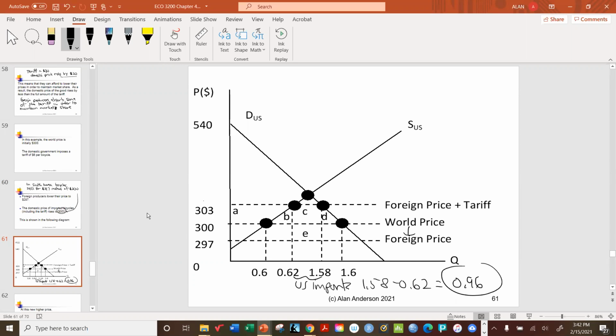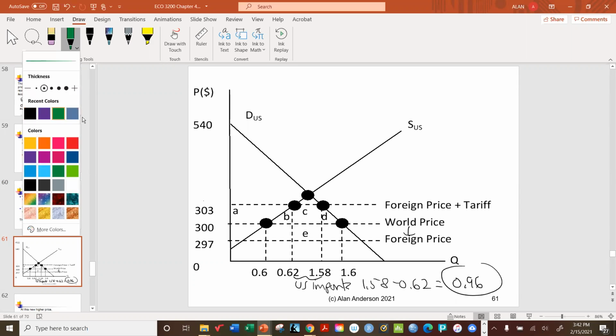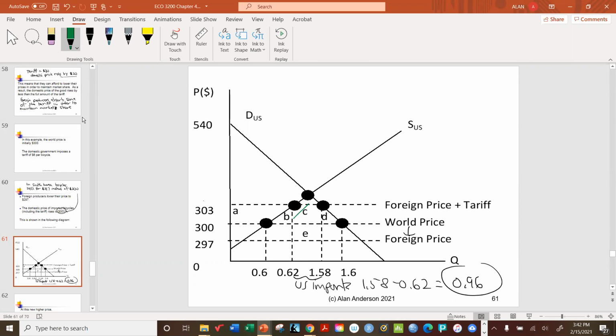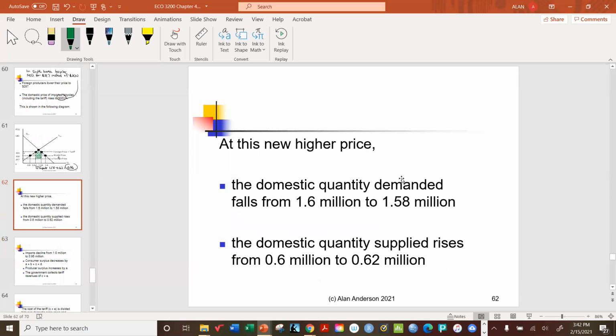The interesting thing here is that the tariff, in spite of the appearances, is actually $6. Even if the Korean company lowers their price, the US government is still collecting $6 per bicycle. So their revenues will be this whole area here. C and E represent the US government's tariff revenue.